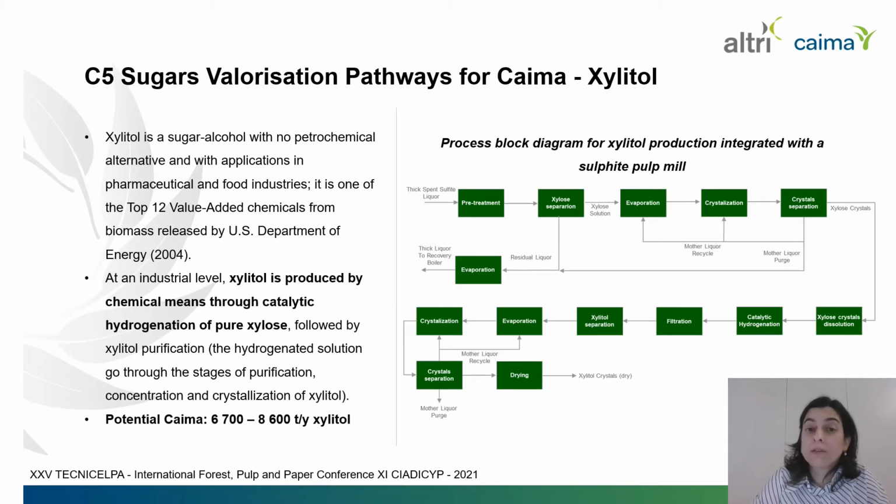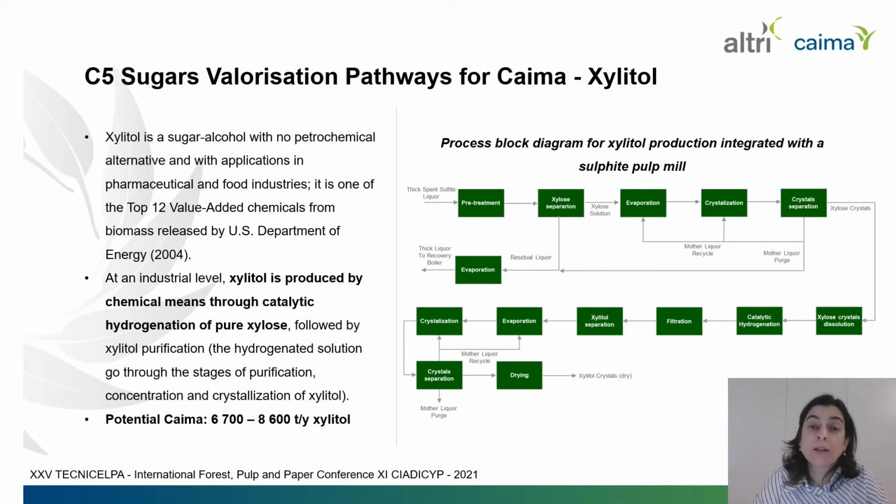Since the early 70s, the use of xylitol in dental health has been widely studied and recognized. Xylitol can inhibit the growth of several bacteria, which prevents ear and upper respiratory infections. And because it has almost the same sweetness as sucrose, but lower energy and lower glycemic index, it has been used as a sugar substitute.